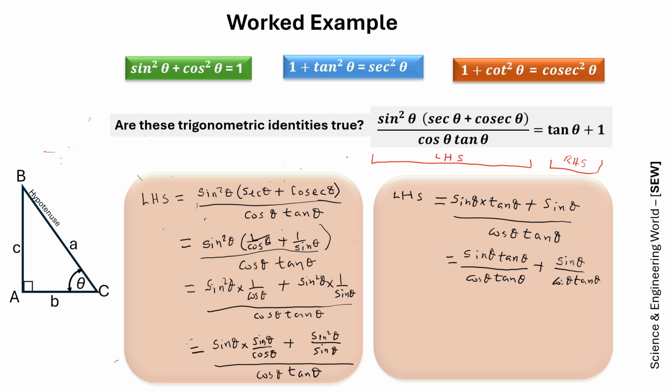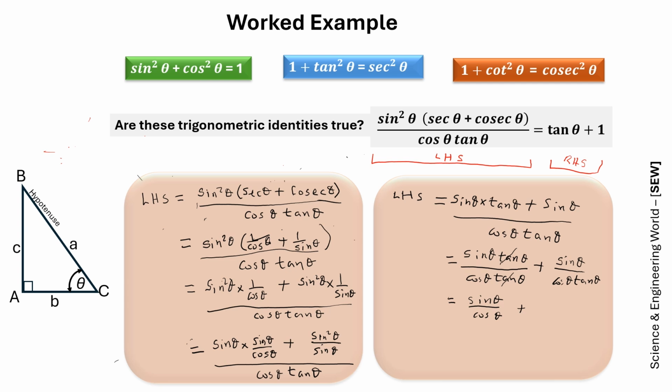Looking at this, we see tan theta, we cancel tan theta here. What we have left is sine theta over cos theta, plus, if you look at the other side, sine theta over cos theta, right?